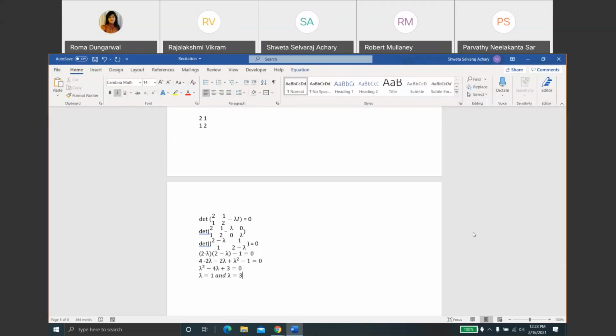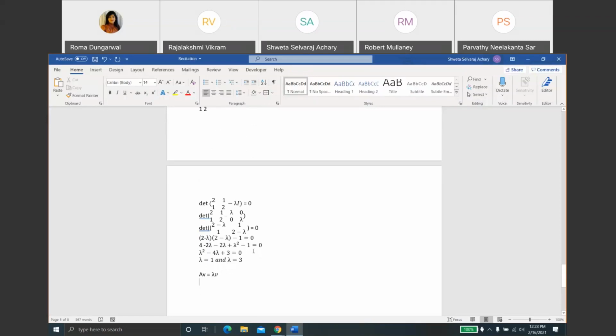Yes? Okay. Now since we have our eigenvalues, we will insert them in the AV equals to lambda V formula. So what is our A? A is the matrix 2, 1, 1, 2. V is what we have to find.